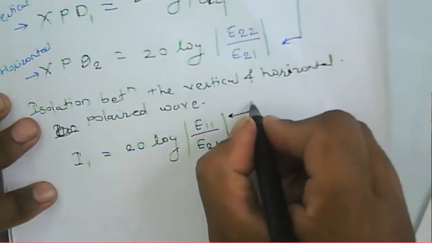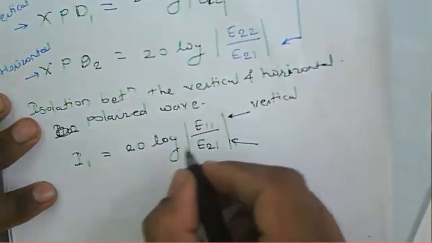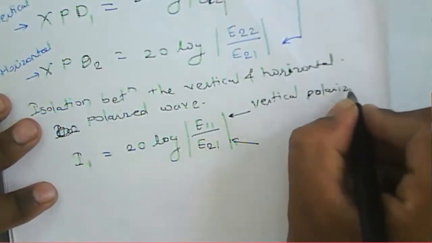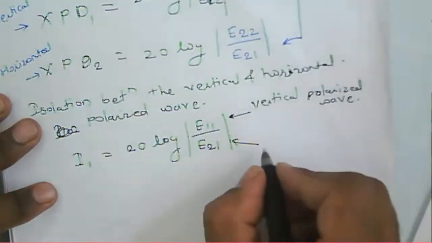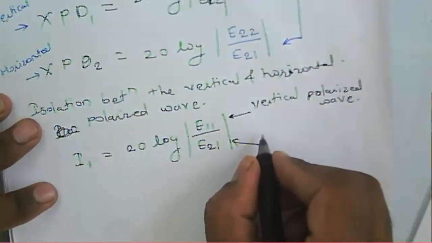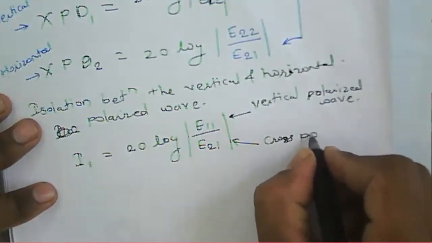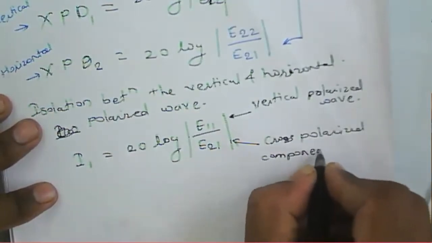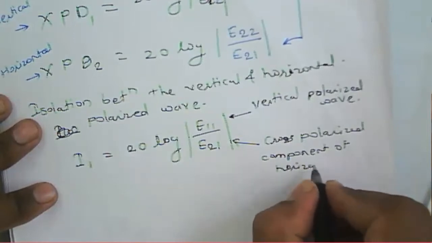Okay, this one is the component of the vertical polarized wave, and this one is the cross polarized component of the horizontal polarized wave.